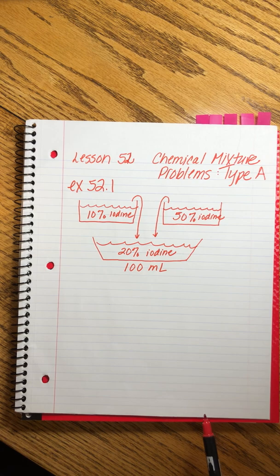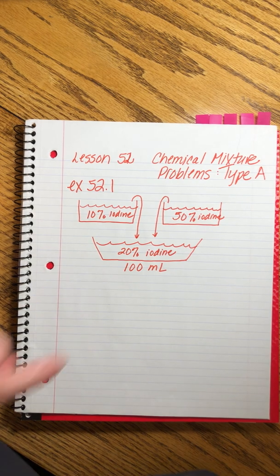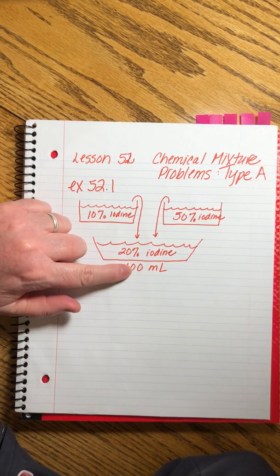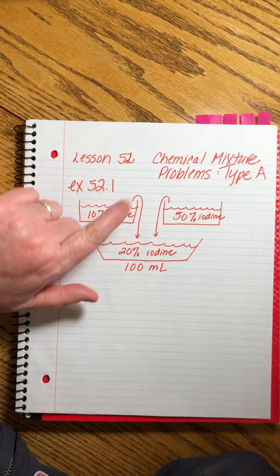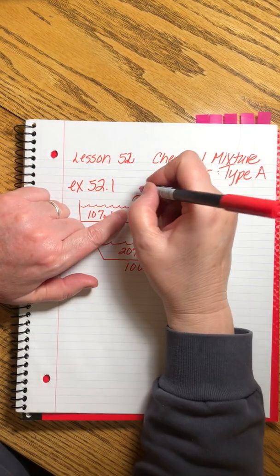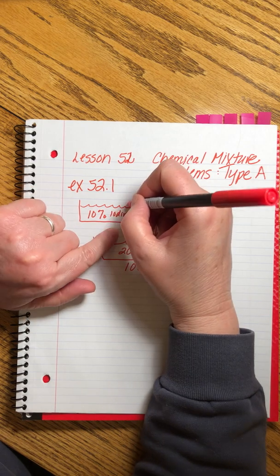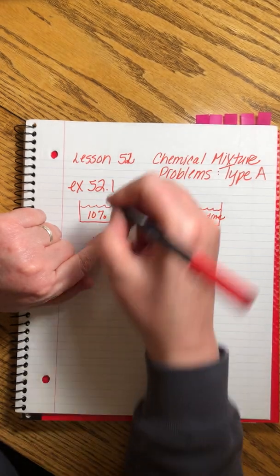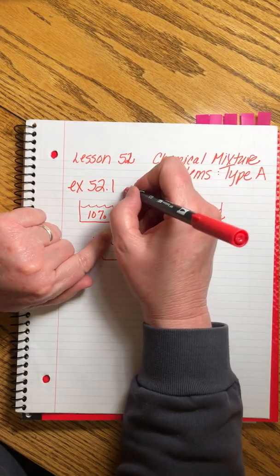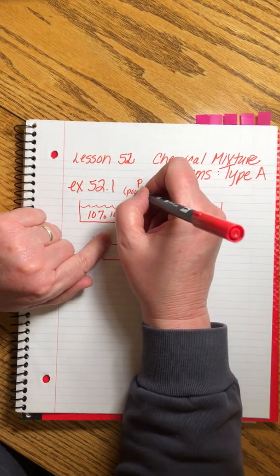Because at least we know what he's heading for. Now, this is a problem. We know what the ending goal needs to be. We know that we're gonna need 2 variables. One variable is going to be the amount of 10% that we add. And what John does is he has this clever little thing where he calls that amount P, which stands for pour.